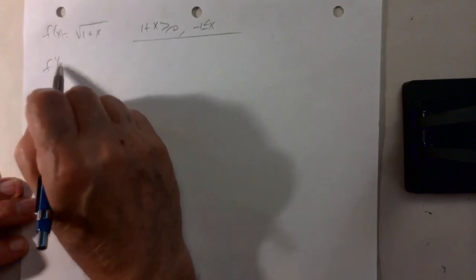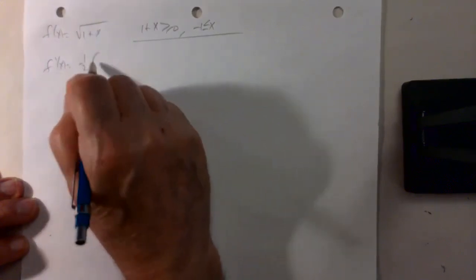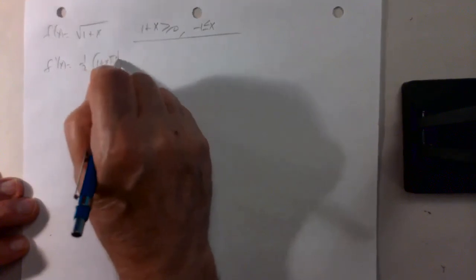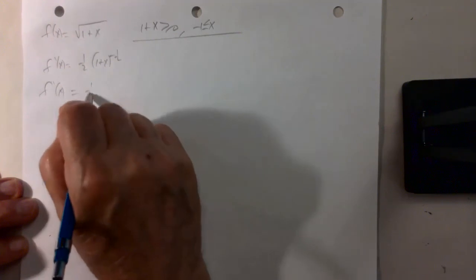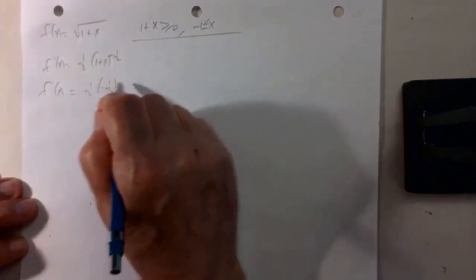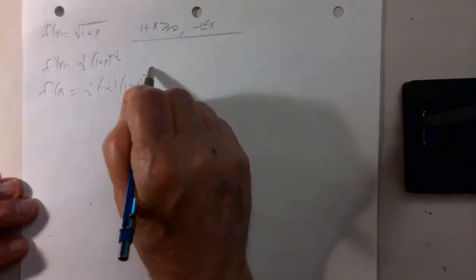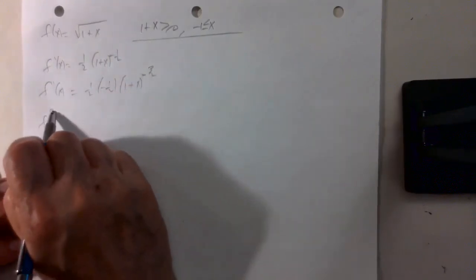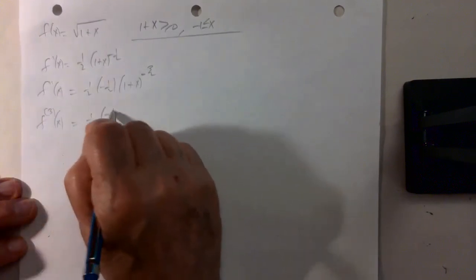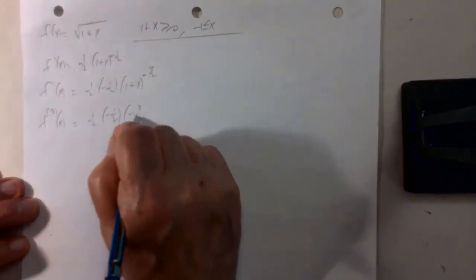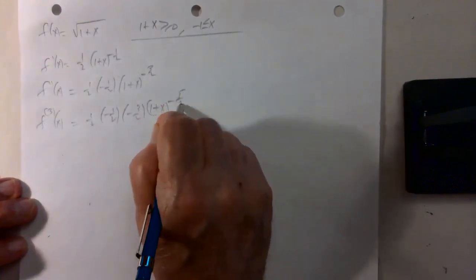But what is the derivative? The derivative of 1 plus x to the 1/2 is 1/2 times 1 plus x to the minus 1/2. The second derivative is 1/2 times minus 1/2 times 1 plus x to the minus 3/2. The third derivative is 1/2 times minus 1/2 times minus 3/2 times 1 plus x to the minus 5/2.